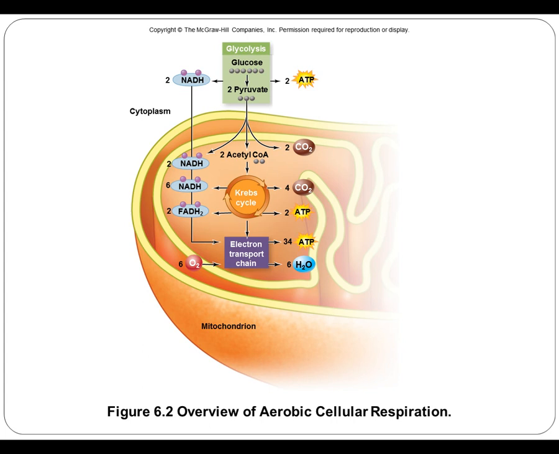If something's being used, an arrow goes to it, and if something's being produced, an arrow's coming out. For just the glycolytic pathway, is oxygen used? In just the cytoplasm, do we see oxygen input? No. So glycolysis is what type of pathway? Anaerobic. Write down in your notes that glycolysis is an anaerobic process.